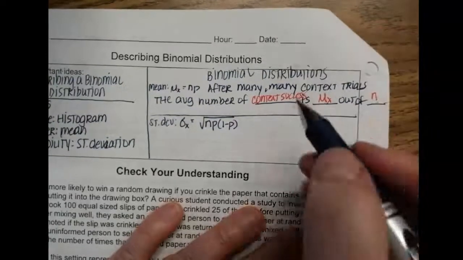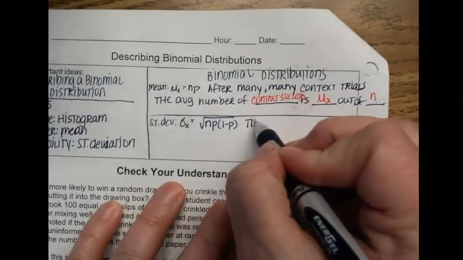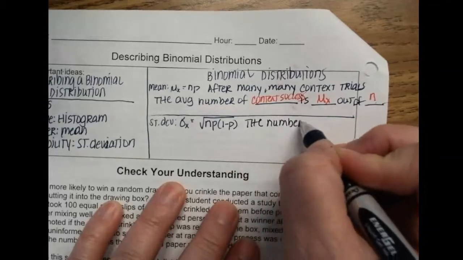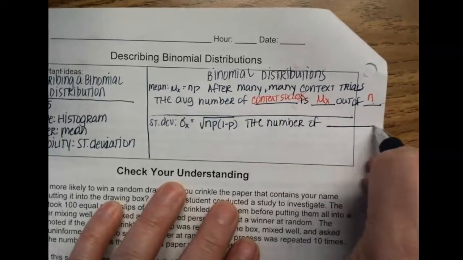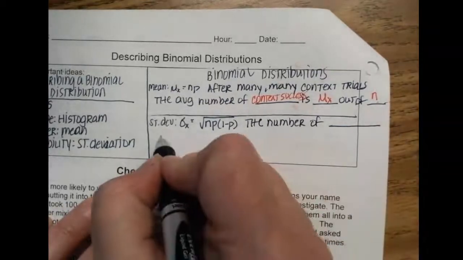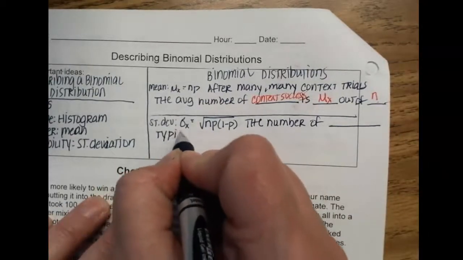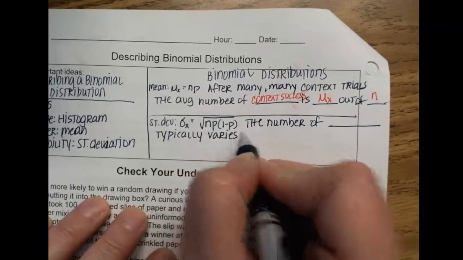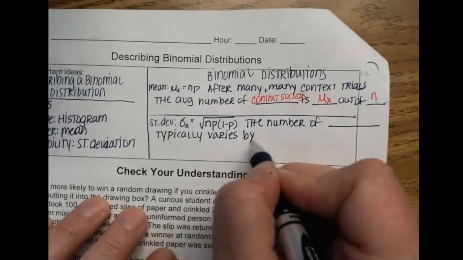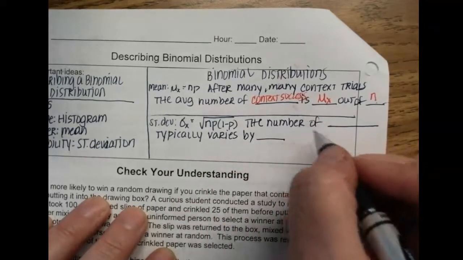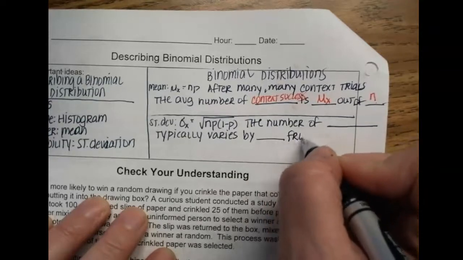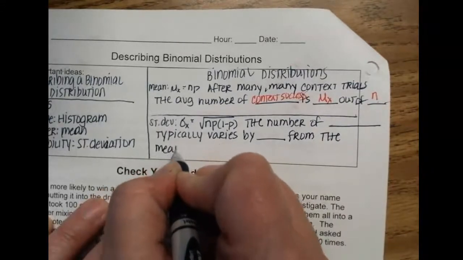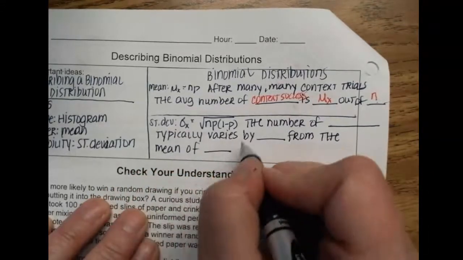To interpret this, we're going to say the number of blank typically varies by blank from the mean of blank out of blank.